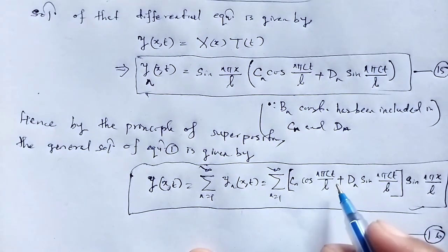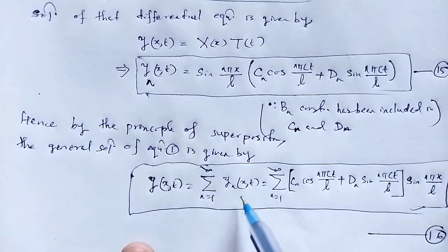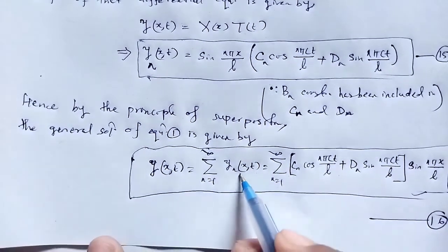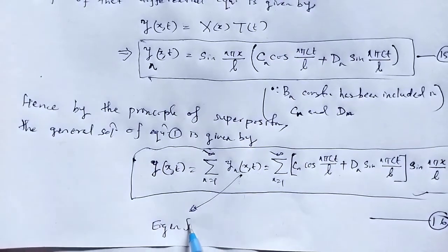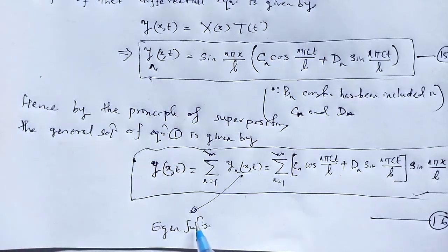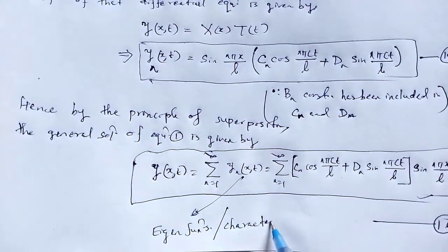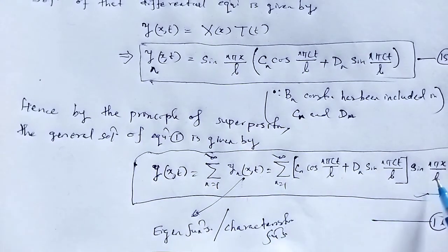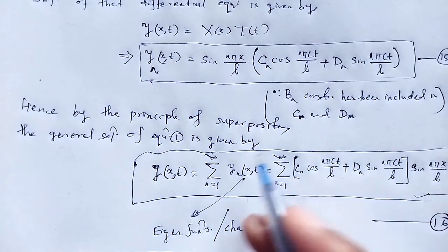Here Cn, Dn are to be found out from the boundary conditions, and the functions yn of x t are called the Eigen functions, or we can say the characteristic functions. The values of n pi by L are called the Eigen values.